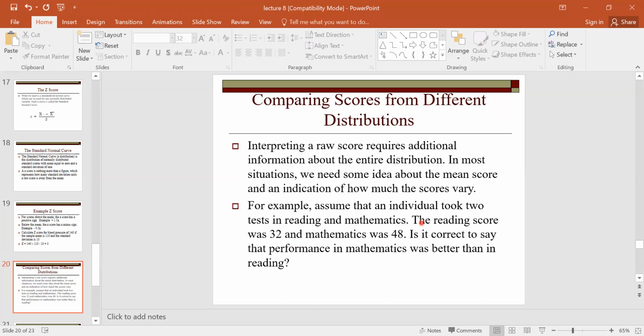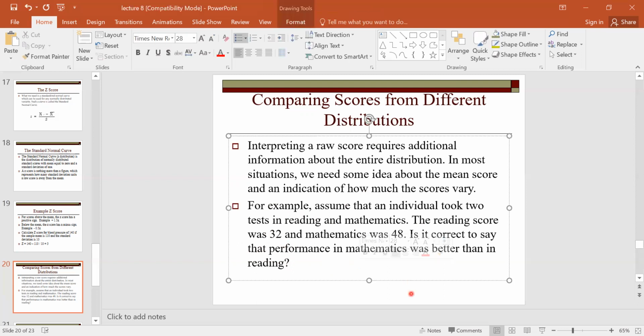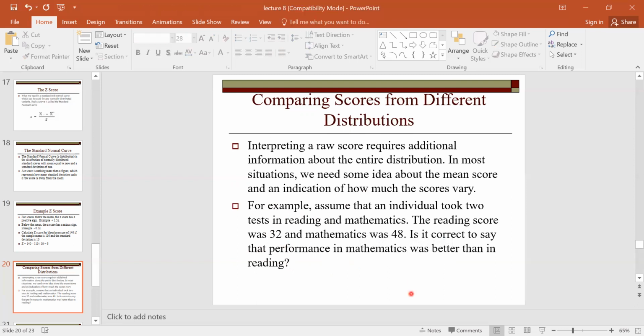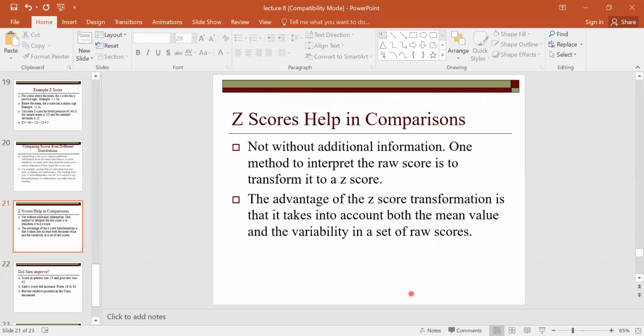But if we want to make this meaningful, we have to use the z-score here and calculate the variations and exact probabilities, and define how much better the student is in mathematics and why not in reading, or where they lie exactly.